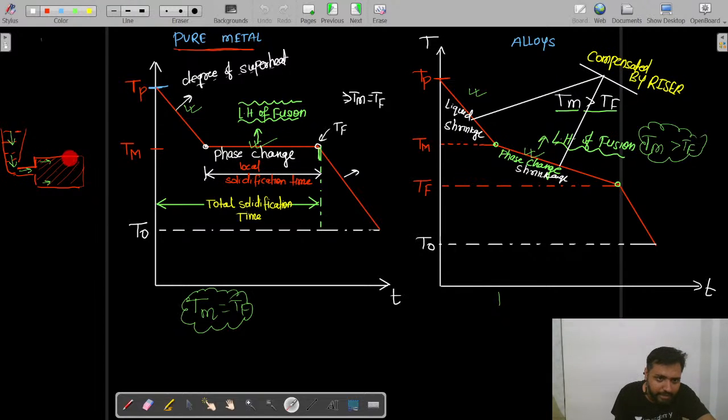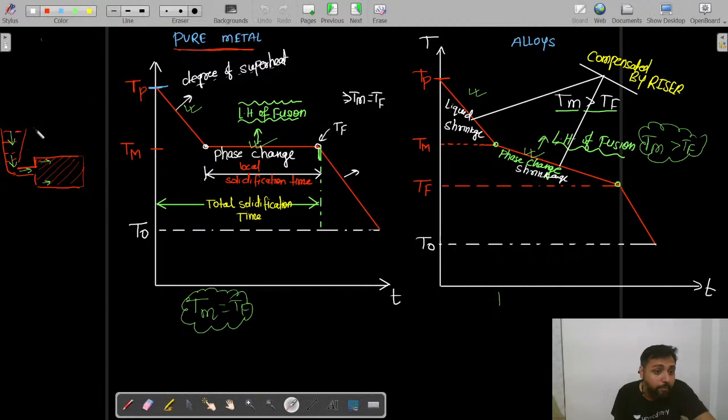During the first stage and second stage, when the liquid in the first stage reduces its volume, shrinkage happens. From the riser, molten metal comes back and compensates for the shrinkage. Then when the phase is changing, there is a further reduction in the volume of the material changing the phase. So again the metal from the riser comes back and compensates for the first two stages of shrinkages.